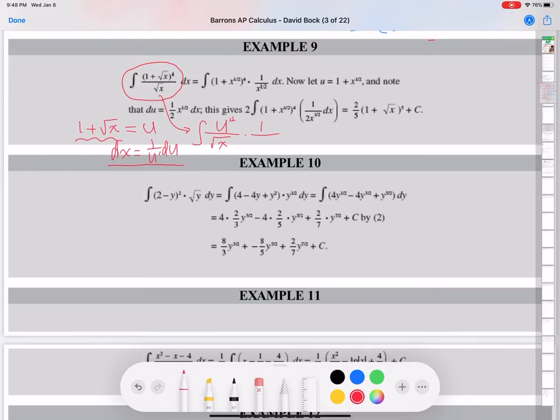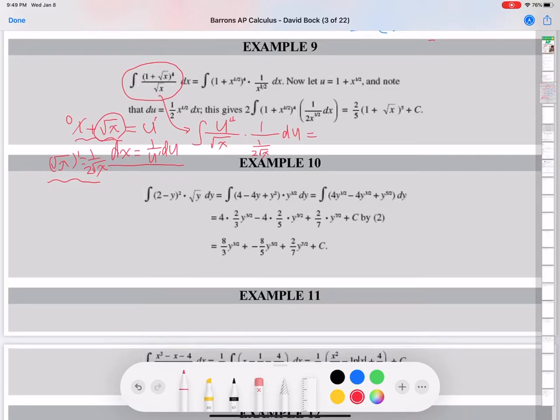Any number's derivative is 0, so that part is going to be 0. u prime is just the derivative of square root. Square root prime is 1 over 2 square root x. That was the formula, right? So u prime is 1 over 2 root x, and du.